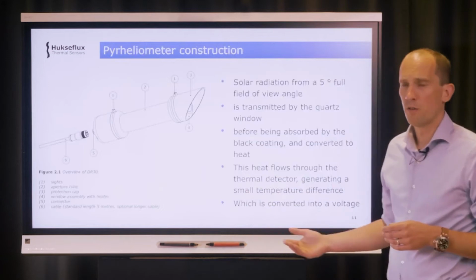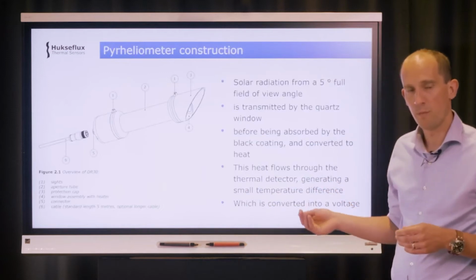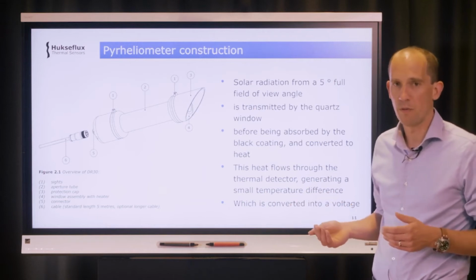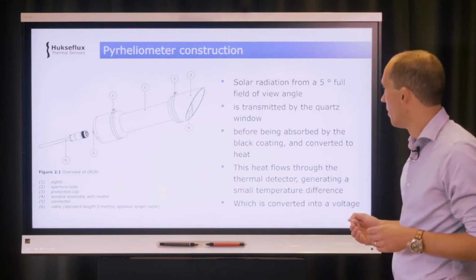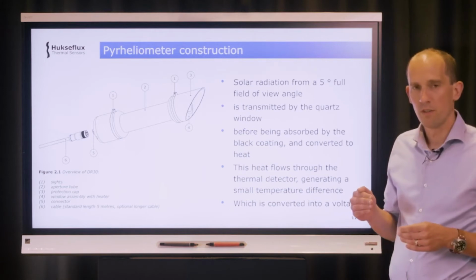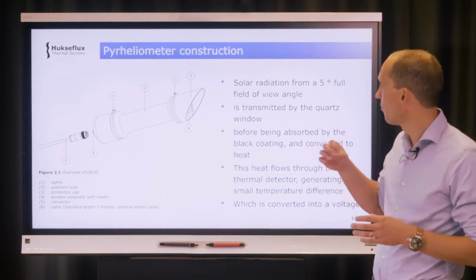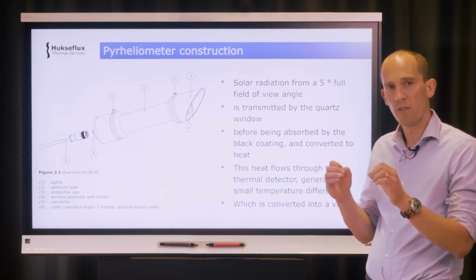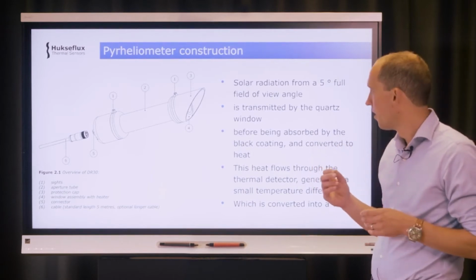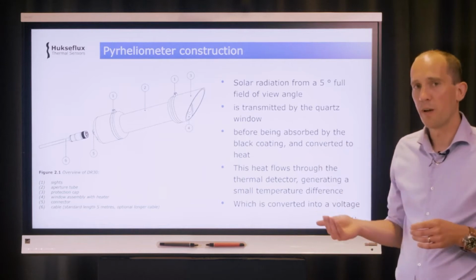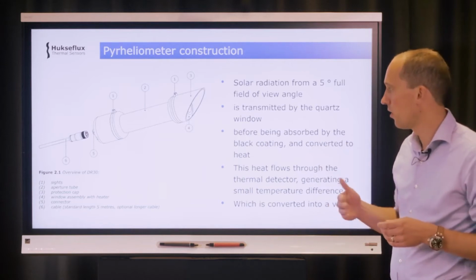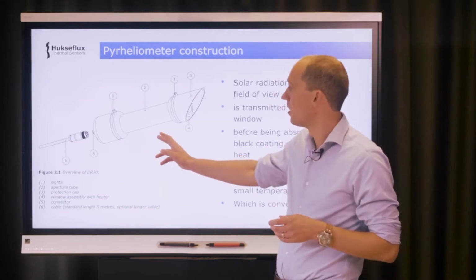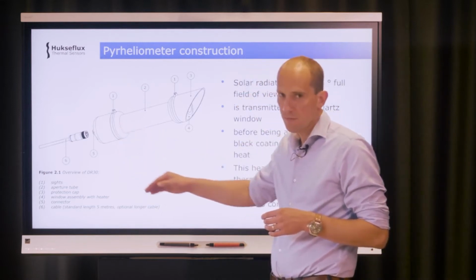Now the pyrheliometer construction, it looks different in shape and sizes. The fundamental measurement principles are the same as with the pyranometer. So again, the solar radiation reaches the instrument, but this time only from a 5-degree field of view angle. And in this tube there are apertures which define this field of view. Now the windows of the pyrheliometers are often quartz. They transmit this radiation, and there will be some coating. It's not visible in the pyrheliometer, but it's somewhere here.